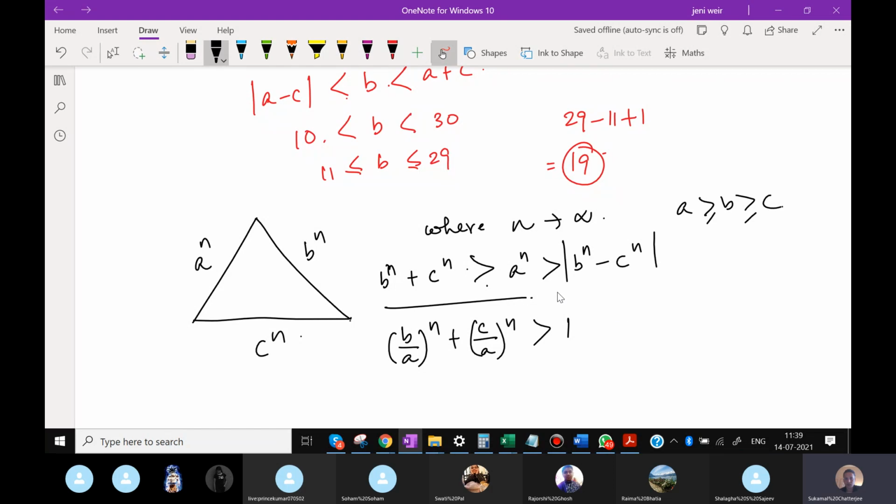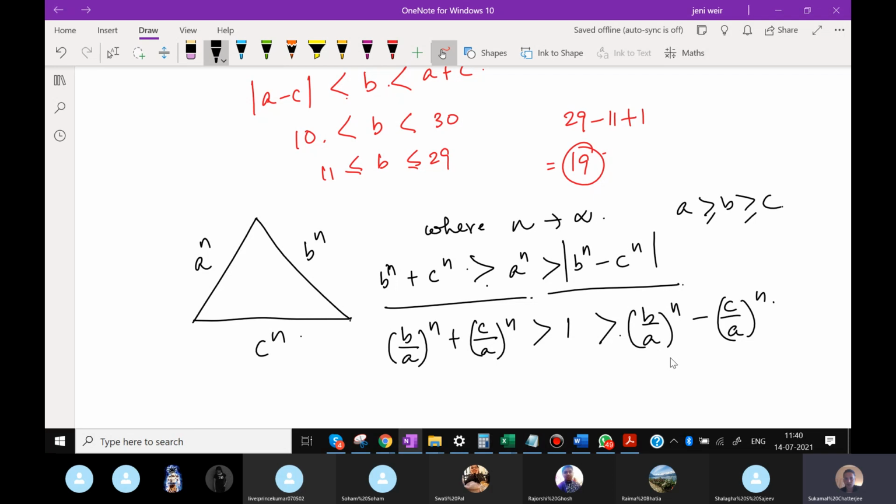And if I take the other inequality and divide both sides by a to the power n, I will get 1 greater than (b by a) to the power n minus (c by a) to the power n. Since b is greater than c, the absolute value is b to the power n minus c to the power n itself.